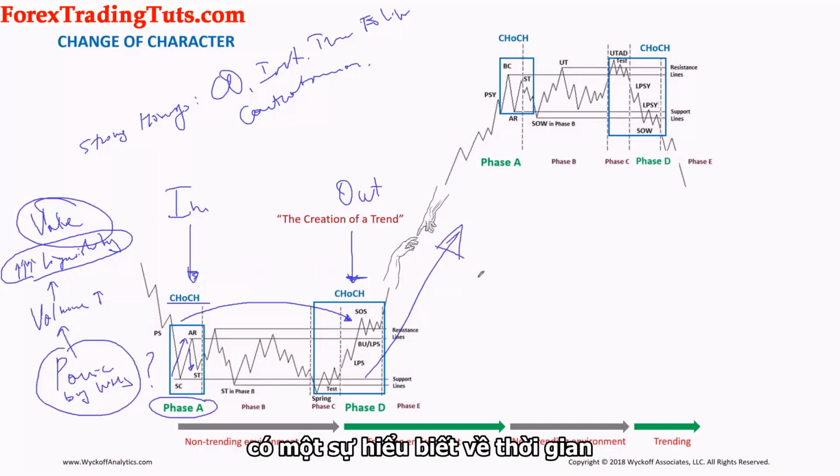So they have an understanding of the time horizon that they will need, and one of the biggest two requirements to get into this position is also going to be the value.